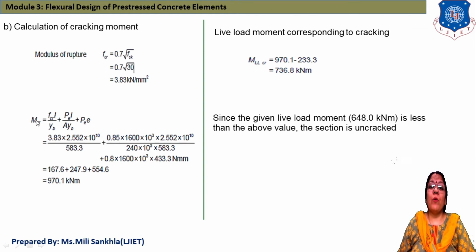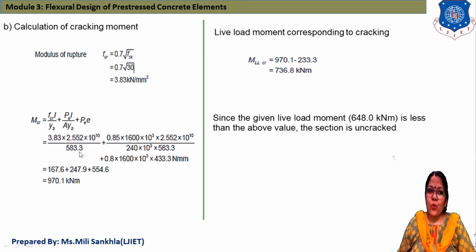The equation of cracking moment we already derived in the previous session. MCR is equal to fcr into I divided by yb, plus Pe into I by A yb plus Pe, where Pe means effective force. Now fcr, our modulus of rupture or tensile strength of concrete, is equal to 3.83.